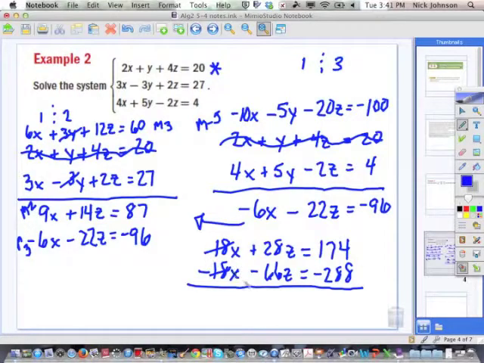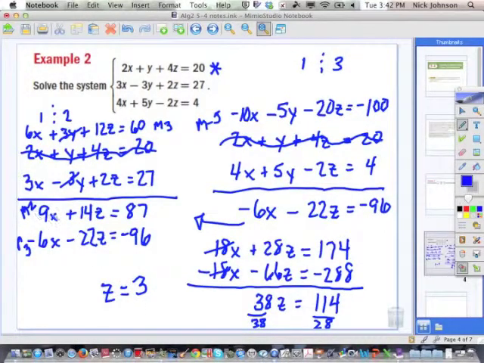It leaves me with 38z equals 114. Divide by 38. Sorry, you can't see that. And z equals 3.